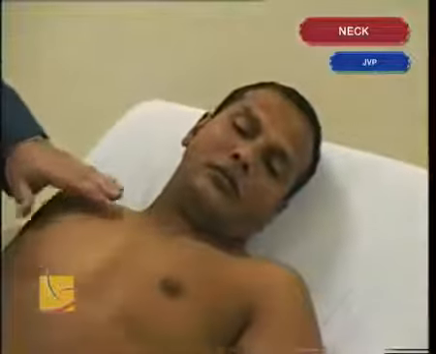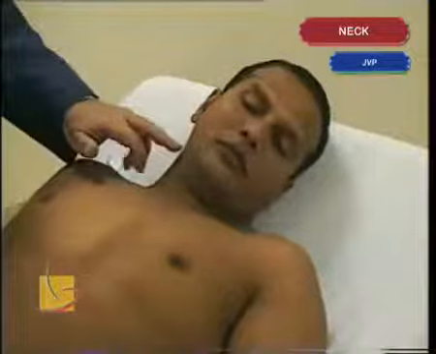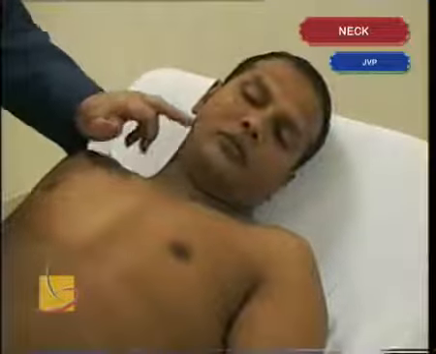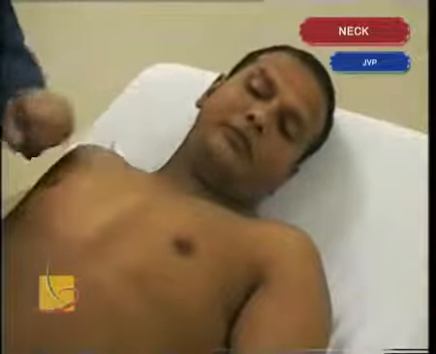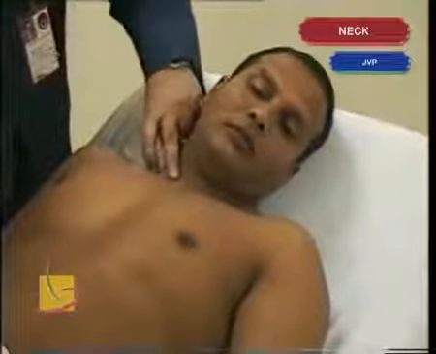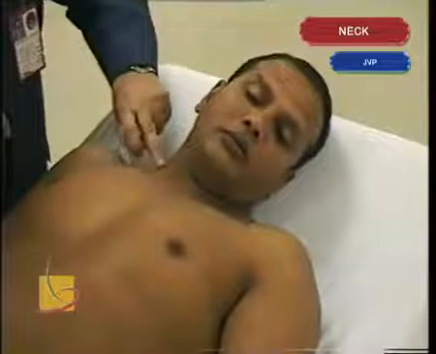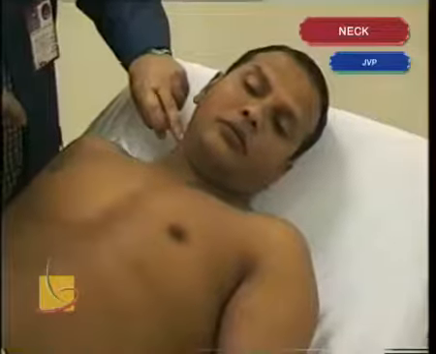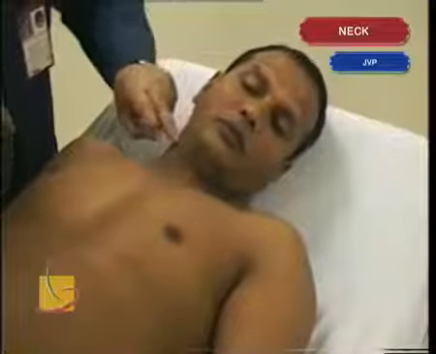If the venous pulsation is very high, it will appear medial to sternocleidomastoid muscle in its upper segment. So if it is mildly elevated, it will appear only between the two heads of sternocleidomastoid muscle, i.e. here. If it is higher than this, it will appear lateral. If it is more and more higher, it will appear medial to sternocleidomastoid muscle.